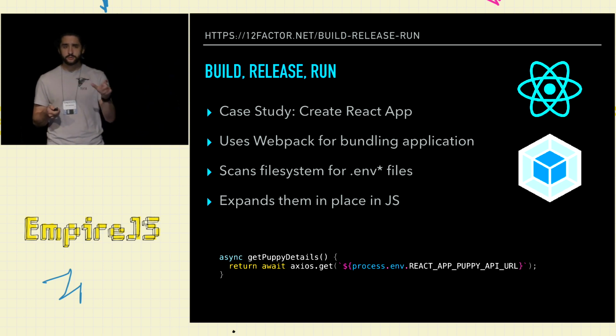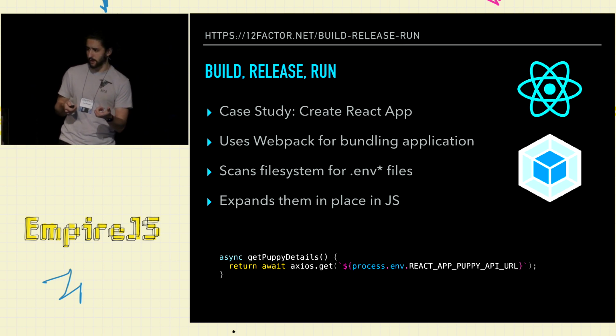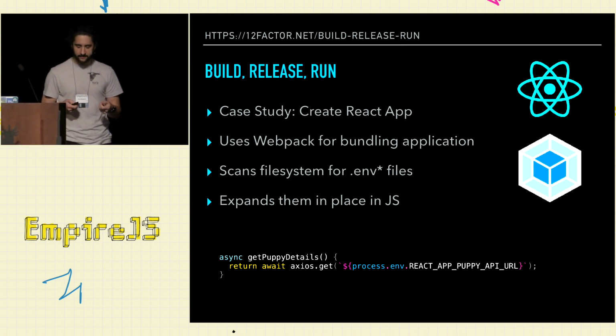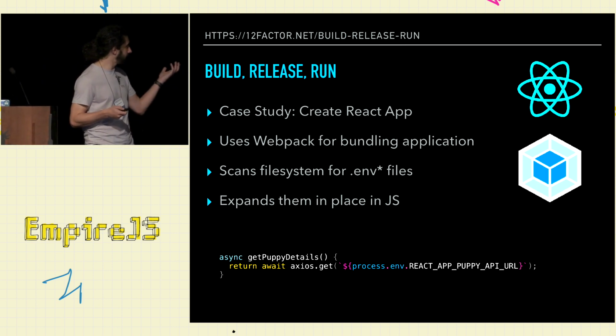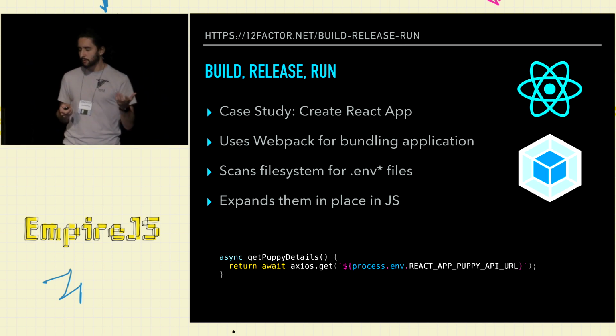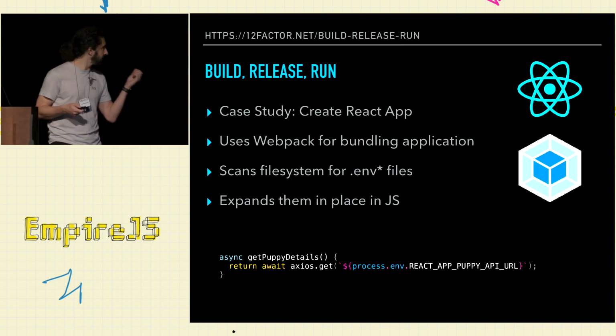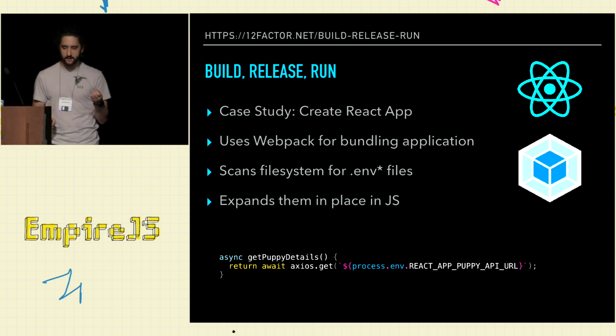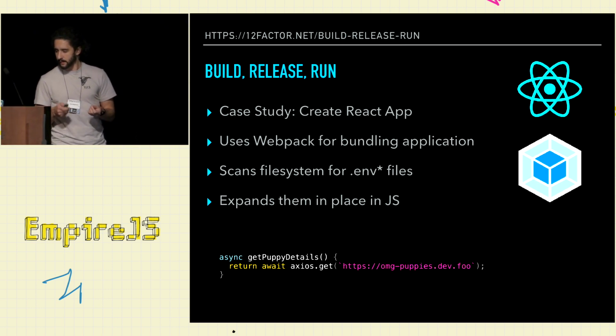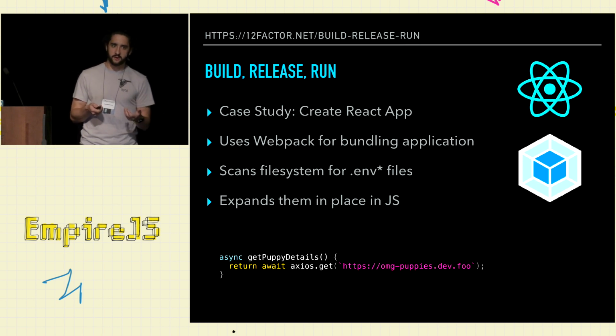And it'll do that interpolation that we wanted for us. So if we have this really small get puppy details method, it'll signal on the process.env react puppy URL, and it'll automatically switch that over for us.